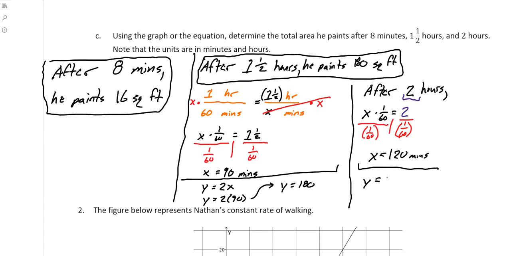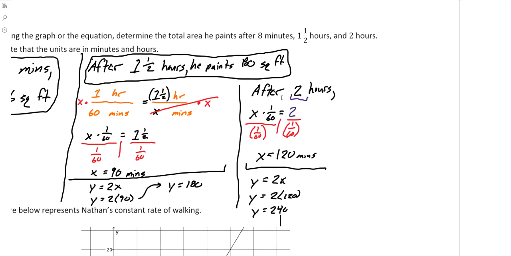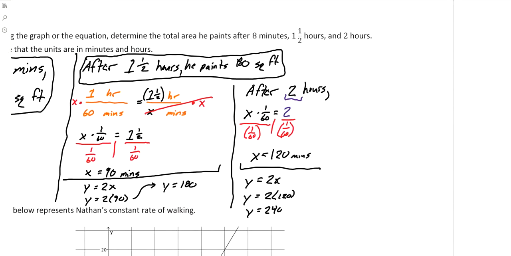So y equals 2x, y equals 2 times 120. So after 120 minutes, he would have painted 240 square feet. So after 2 hours, he paints 240 square feet.